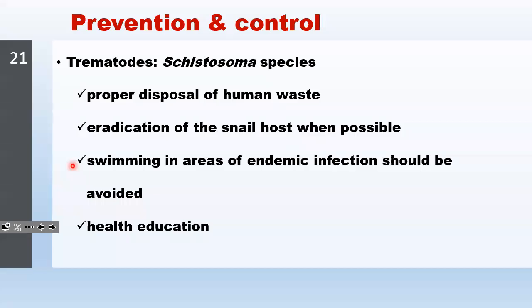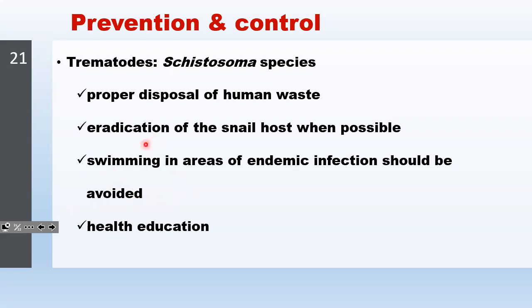So in terms of prevention and control, with schistosomes, again, proper disposal of human waste cannot be overemphasized because we keep on burdening the environment with the infective form or the eggs that we eventually develop into the infective form. We can eradicate the snail host either by clearing the vegetation that they feed on or by using chemical agents that can kill the snail.